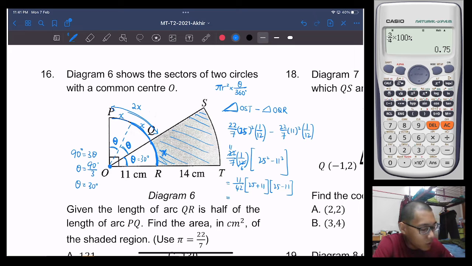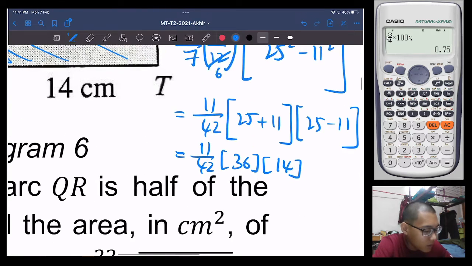Okay, so I know you used a calculator already. You find the answer yourself. I don't want to use a calculator. So we have 36 times 14.